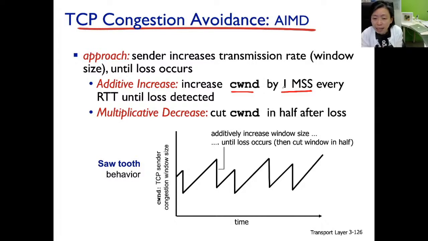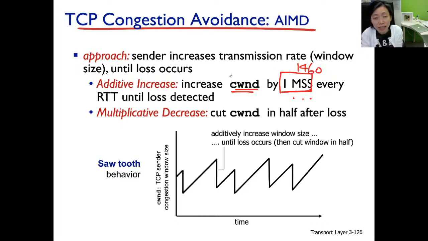In the implementation, what's being done is to increase the window size by one maximum segment size. MSS, if it's configured to be 1460 bytes, then the window size is incremented by 1460 if there's no loss detected within a round.